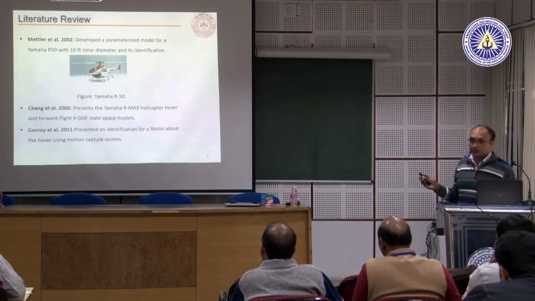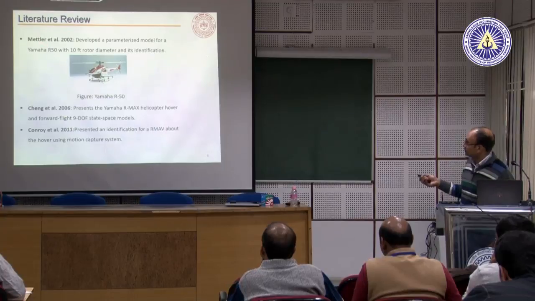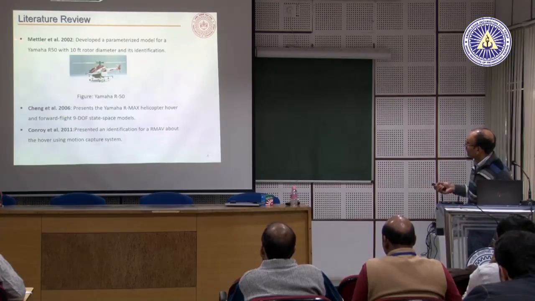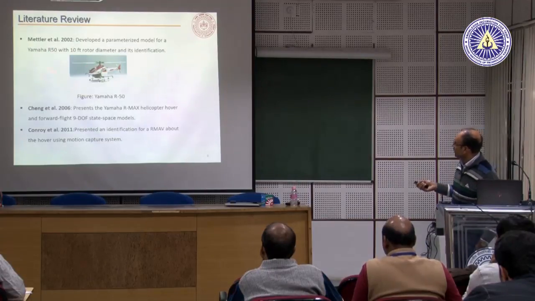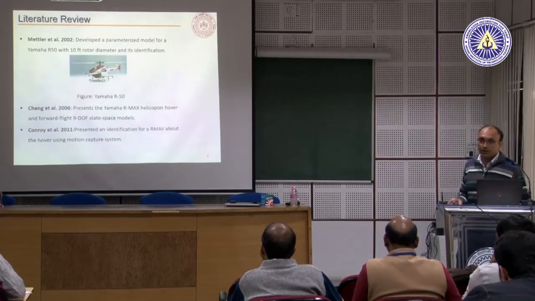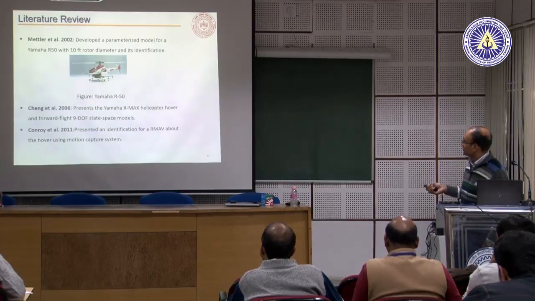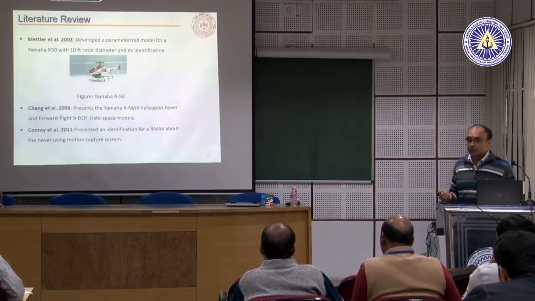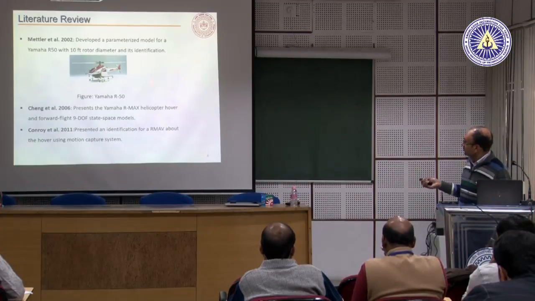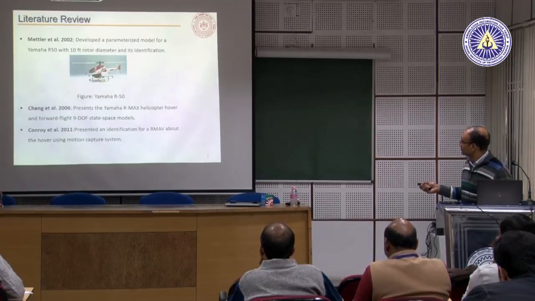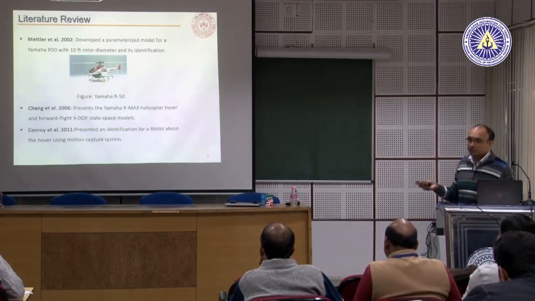So beyond bigger vehicles, Mettler in 2002, who also has a book on this topic, developed a parameterized model for the Yamaha R50. Later on, this Yamaha R50 started being called the Yamaha RMAX. It was a slightly upgraded version of this particular helicopter. Originally it was brought to the market for agricultural use. You can see this picture shows this bottle here for pesticide spraying.